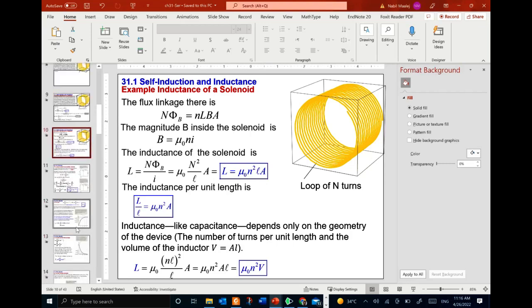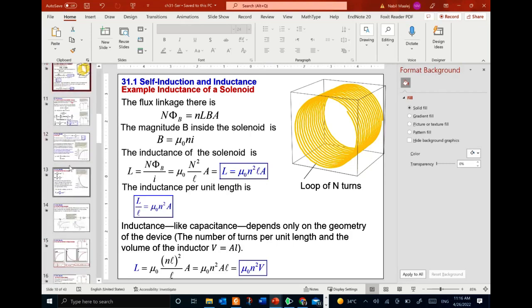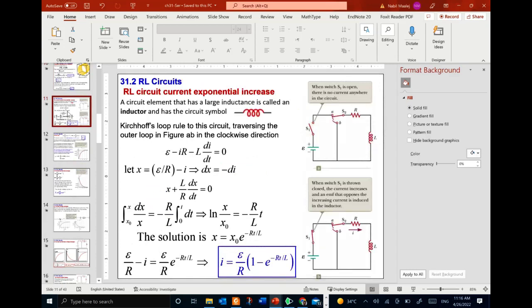Then we spoke about an LR circuit, and we said if you connect a battery to an inductor with a resistance in series, the current will increase exponentially, and it's given by epsilon over R times 1 minus exponential of minus Rt over L. The time constant in this case is L over R, and it behaves very similar to charging a capacitor, which we have seen before.